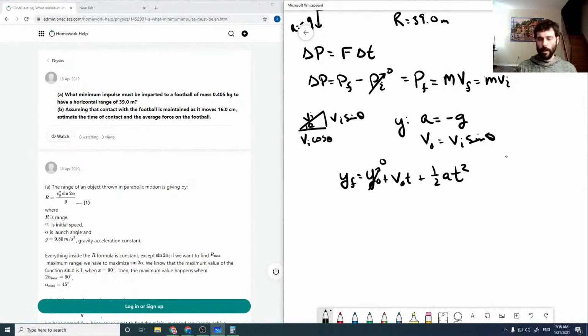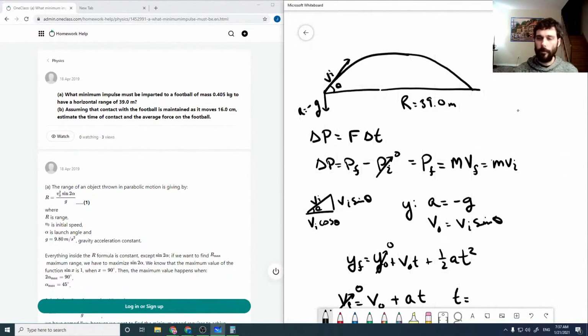We can also use our velocity equation, so Vf equals V naught plus a t, so that we can solve for the top of the motion, at least, by saying that if we solve for the case where Vf equals 0, then that is halfway through the motion.